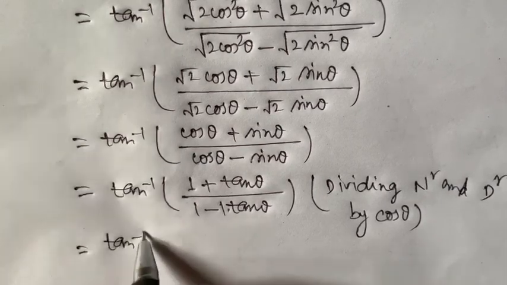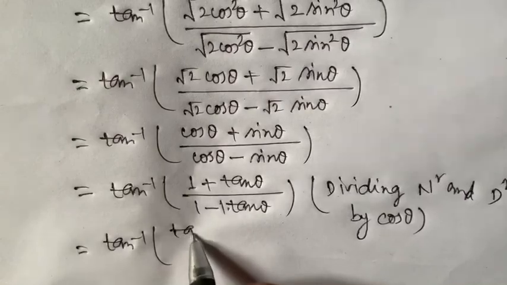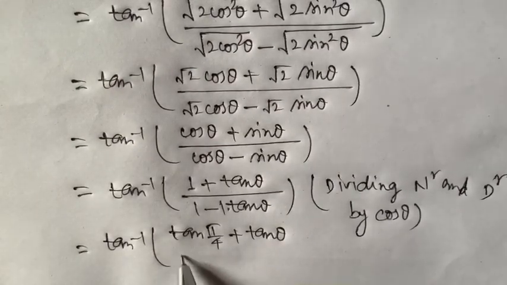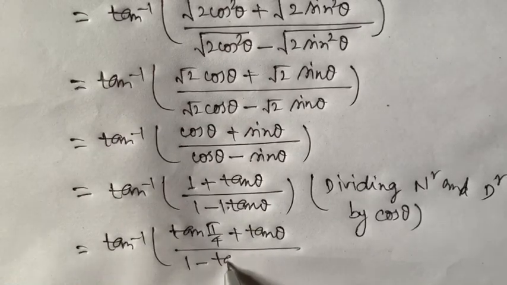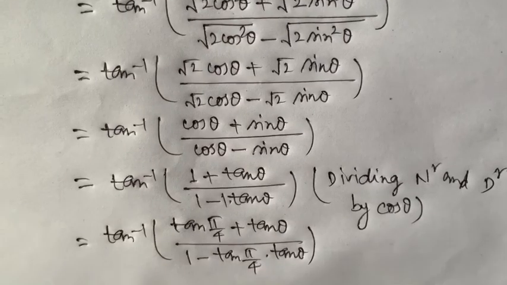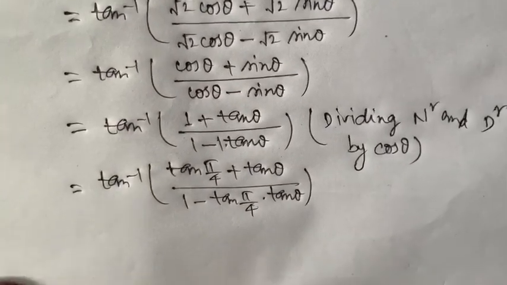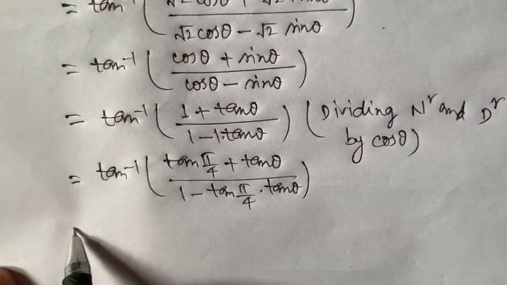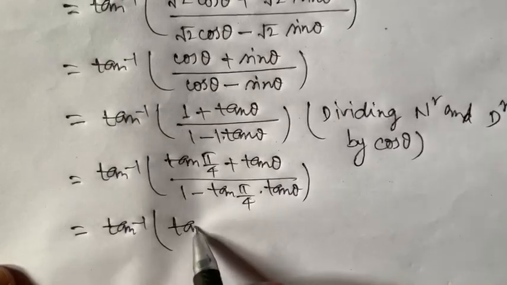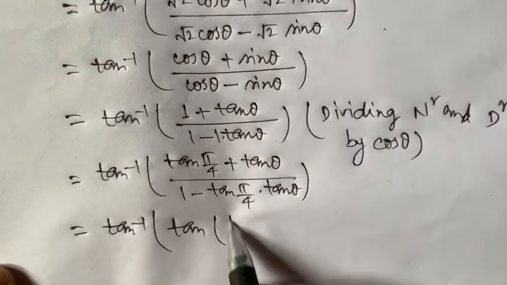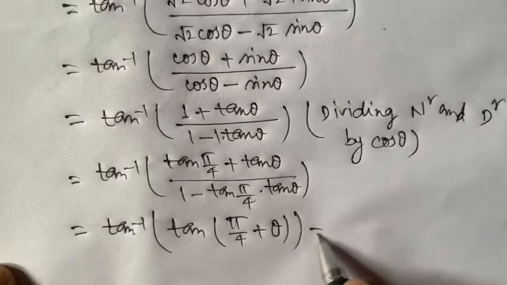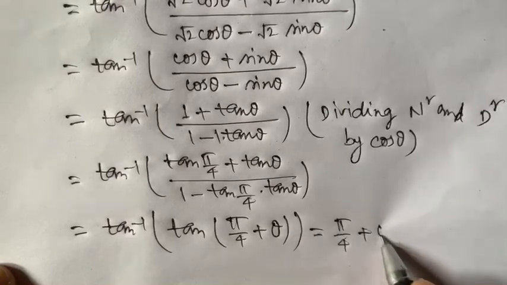So we will have tan inverse of tan pi by 4 plus tan theta upon 1 minus tan pi by 4 into tan theta. Now it makes a formula there. It is tan A plus tan B upon 1 minus tan A tan B. The formula for that is tan of pi by 4 plus theta. So it is pi by 4 plus theta.